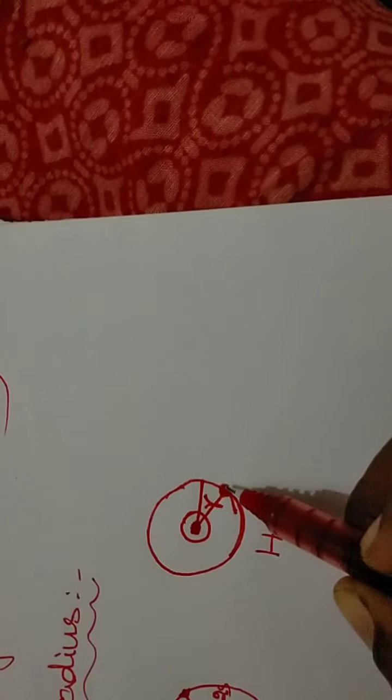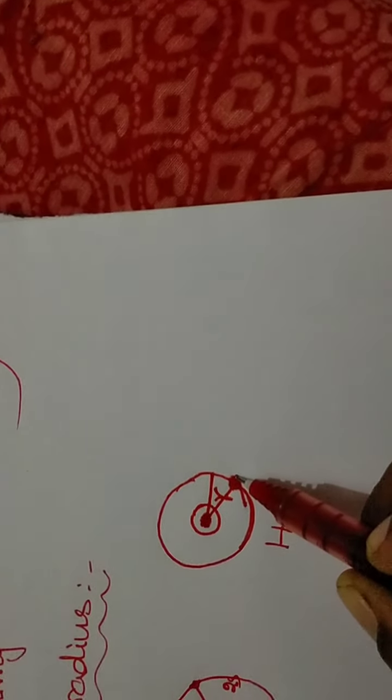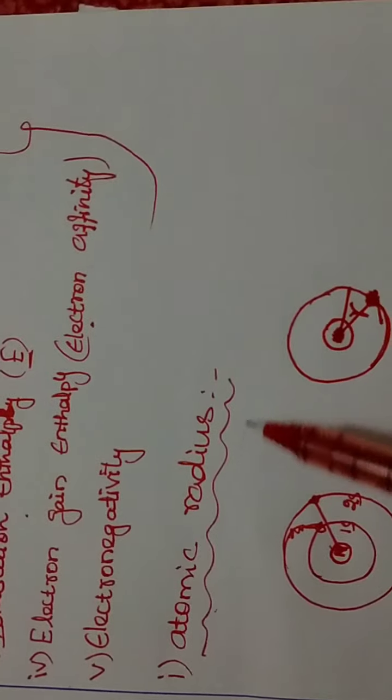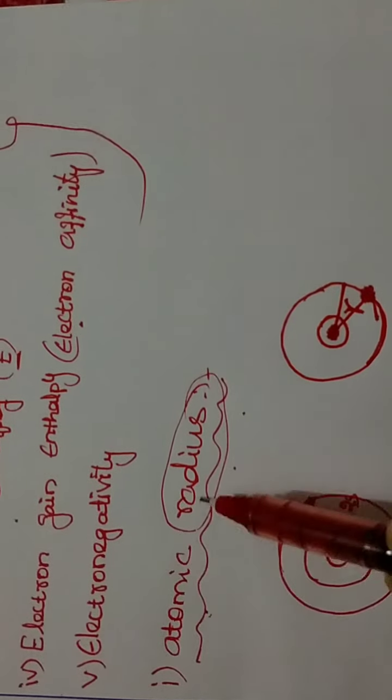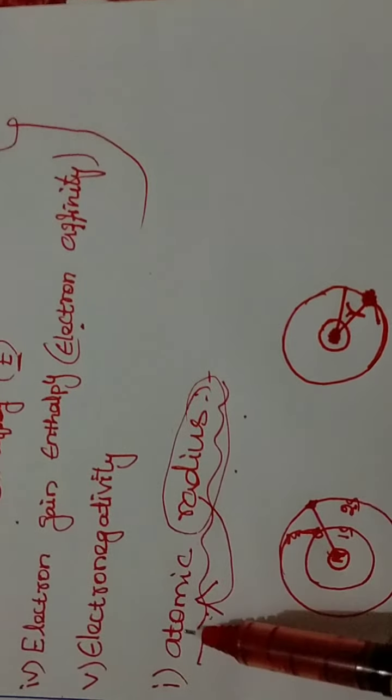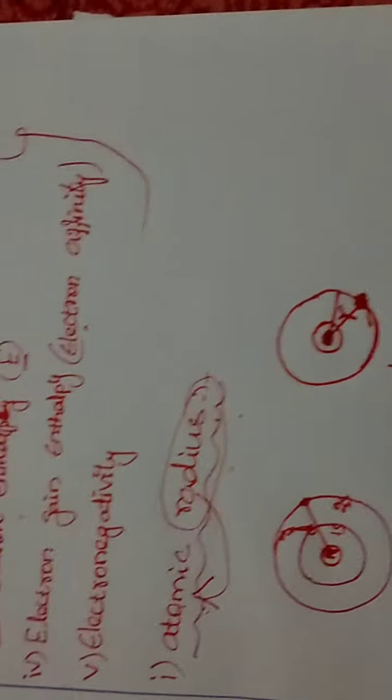This is the outermost shell or outermost orbital, the valence shell containing one electron. The distance from the center of the nucleus to the valence shell is known as the radius of the atom. So we call this the atomic radius.